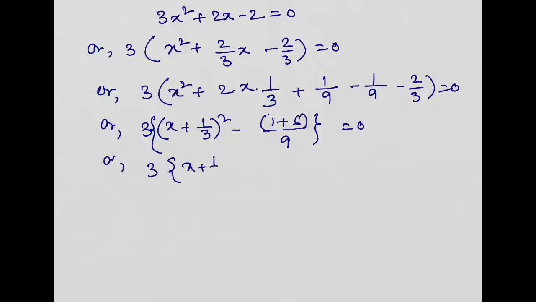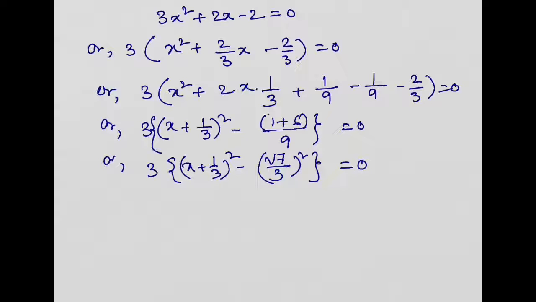(x plus 1/3) squared minus (square root 7 by 3) whole squared. So I am expressing this term also as a perfect square. Now here it is the difference between squares of two numbers.